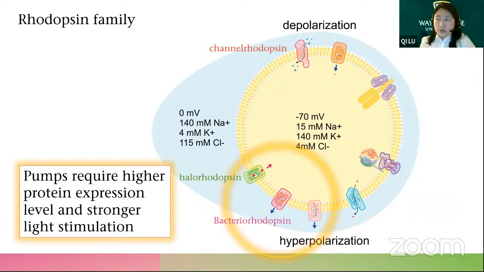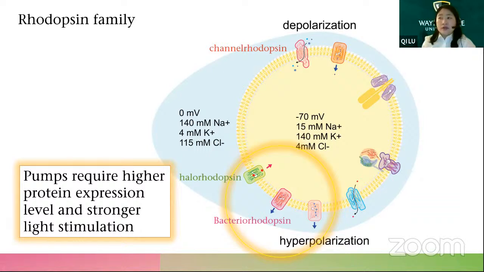In the following lectures, we're going to talk about the channelrhodopsin. That's because the pumps, like the chloride pump or the proton pump, the bacterial rhodopsin, require a higher protein expression level and stronger light stimulation to cause a very significant membrane potential change.